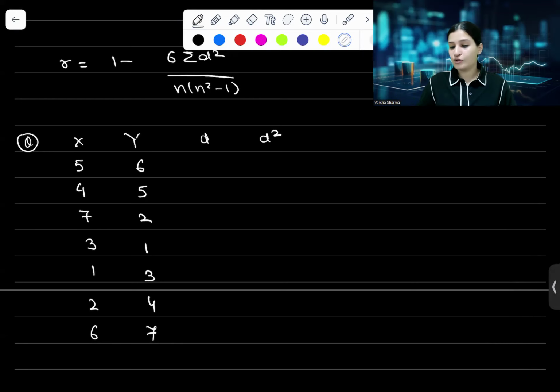5 minus 6 whole square, 4 minus 5 whole square. What is summation d square?